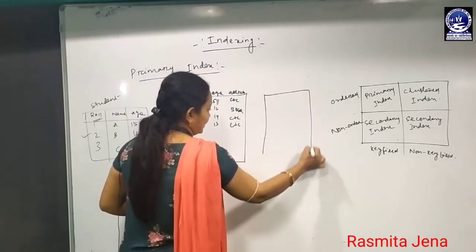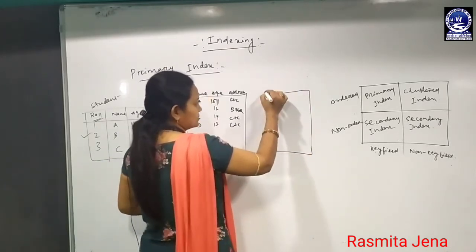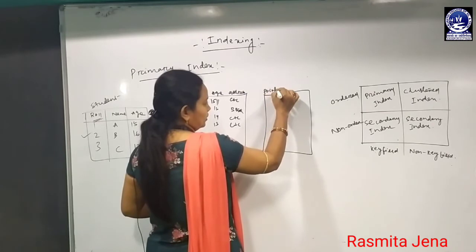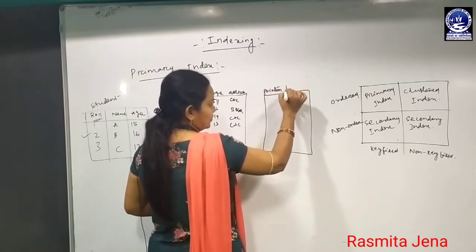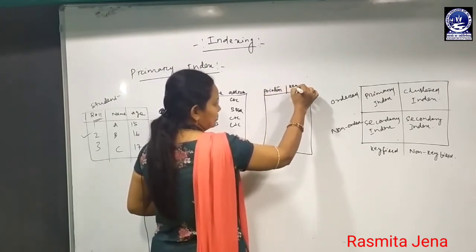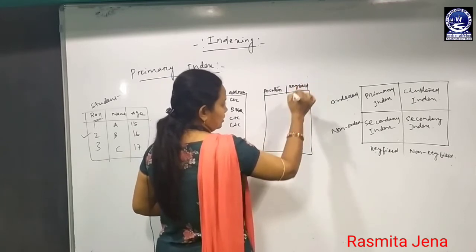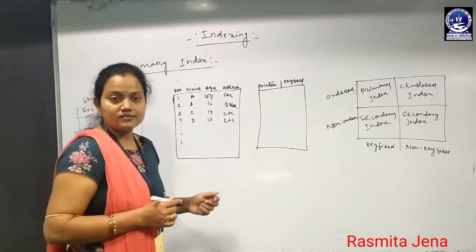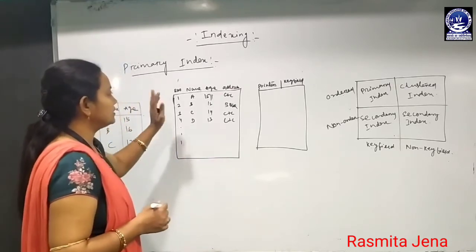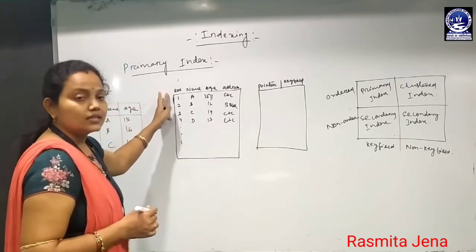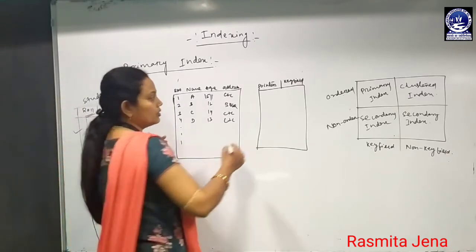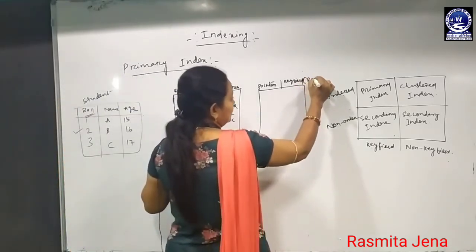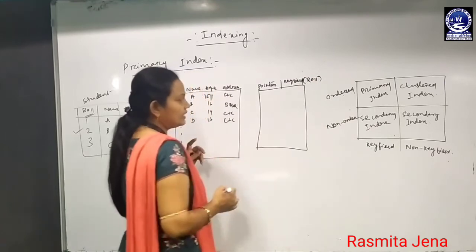We know that the index field has two parts. One is a pointer which points to the hard disk where the record is located, and the second one is the key field. As I already told, the primary key of the table is the primary index of that table. Suppose in this case roll is the primary key for the student table, so we can take roll as the key field for the index table.